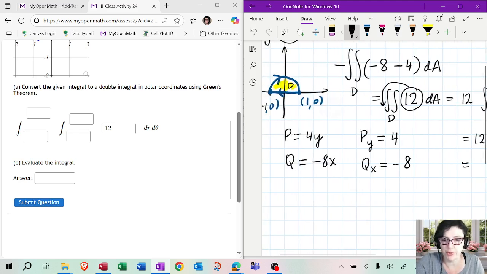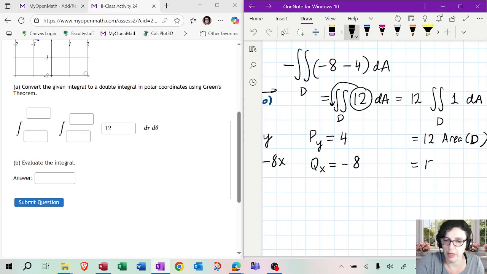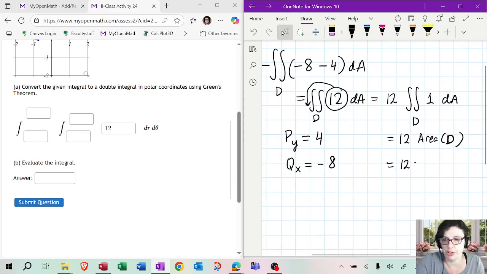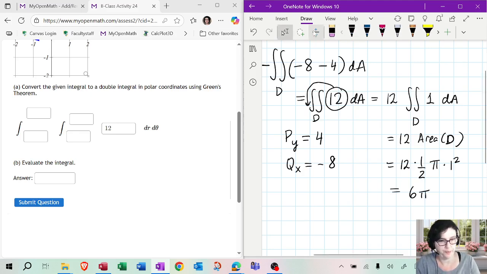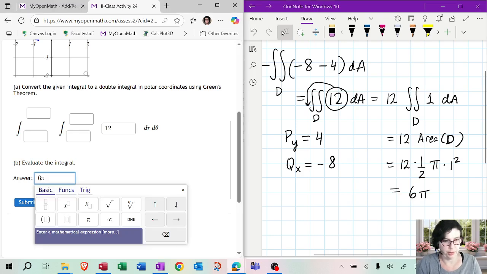It's only half of a circle. And hopefully you know that the area of a circle is pi r squared. So for me, this is going to be pi. My radius is 1. And that would have been it, but it's a half of a circle. So that's just going to be 1/2. So looks like the answer will be 6 pi. Let's check that out here and see.